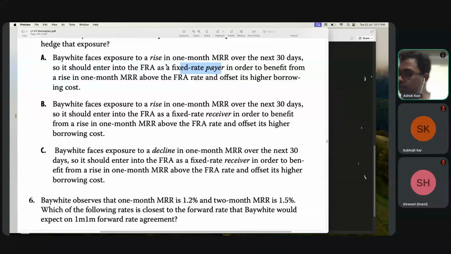Baywhite faces exposure to a rise in 1 month MRR over the next 30 days. So it should enter into the FRA as a fixed rate payer.